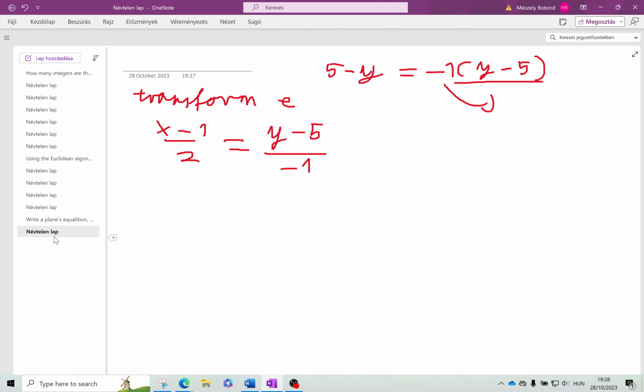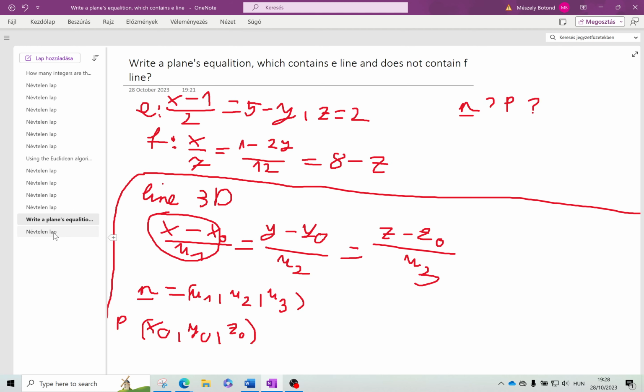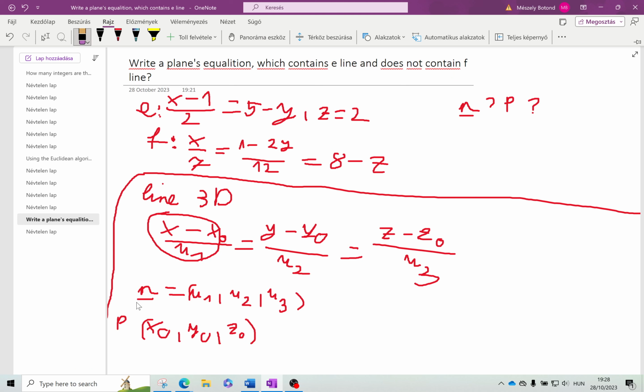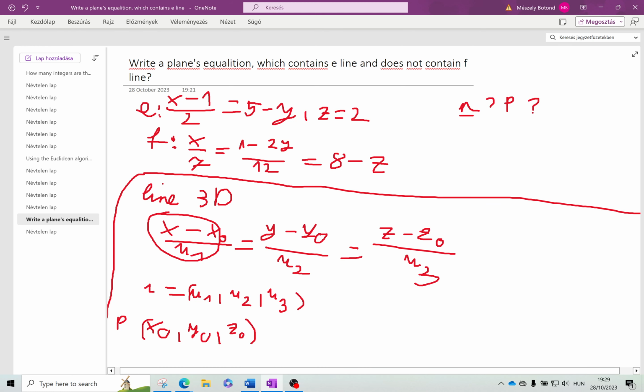So 5 is y0, which is a point on the line. Minus 1 is the not normal vector. A line doesn't have a normal vector. Direction vector.